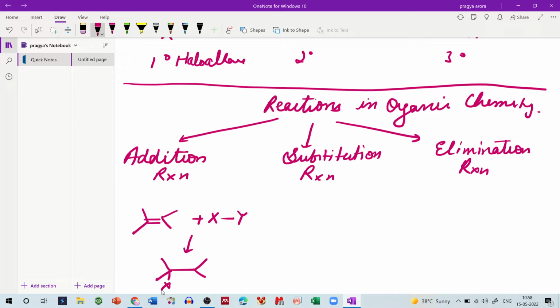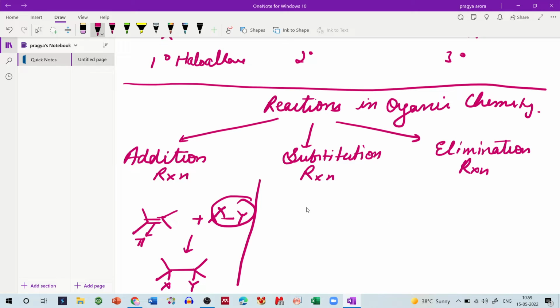So this is an example of an addition reaction, where it is generally the attack of the reagent on the pi bond. This XY is the reagent, and it is attacking this pi bond and making this a saturated compound from the unsaturated one. So this is an addition reaction.